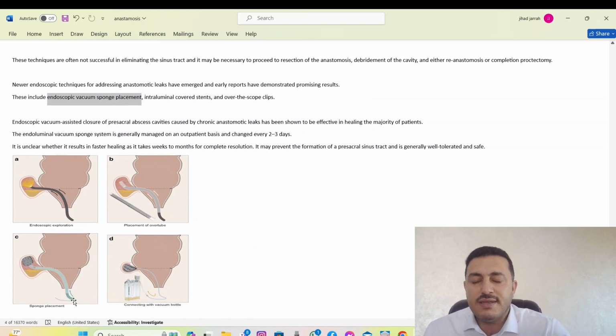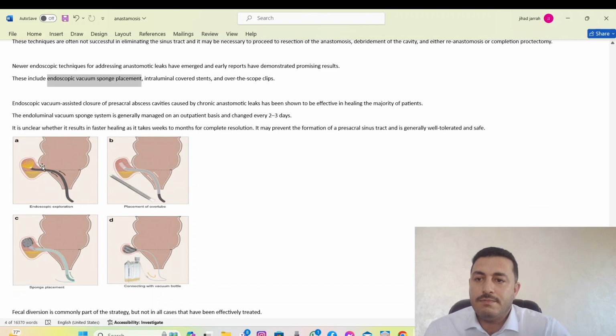It could be placed by surgeon or by the radiologist. They place the sponge, and again, this gives us time just to repair the defect later on. Okay.